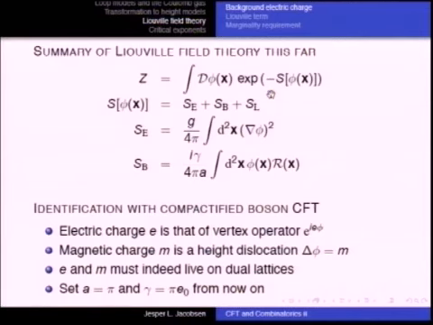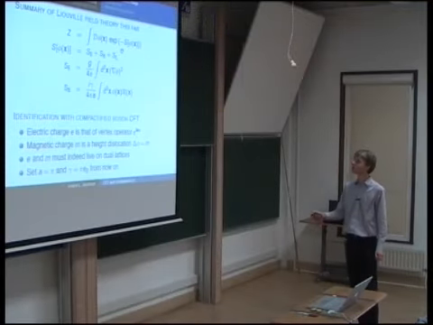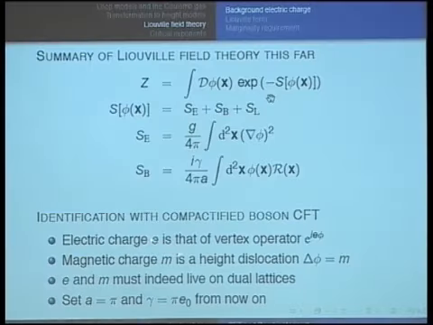And we have identified this now with this compactified boson conformal field theory. We have seen that there are operators which use electric and magnetic charges which live on mutually dual lattices, and the electric charges are the e's coming in here in these exponentials of the field, which are known as vertex operators in physics, and height defects, so screw dislocations in the height field, are magnetic charges.